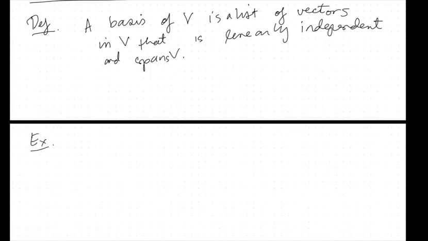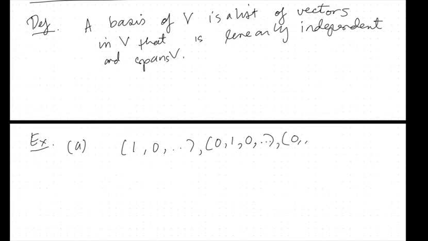So to illustrate bases, we have what we call examples of bases. The list of one as our first component, and then the second one in the second component, and zero all else. And then the third is zero, zero, and then one in the third, and so on, ending with zero, and then one in the nth component, is a basis of F^n.